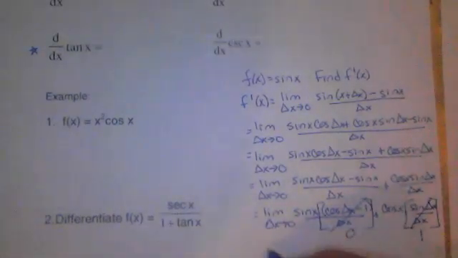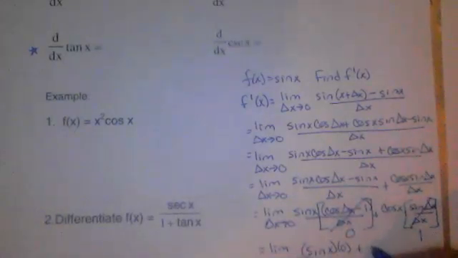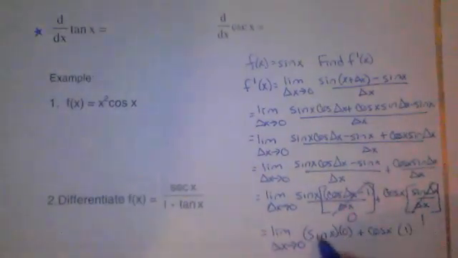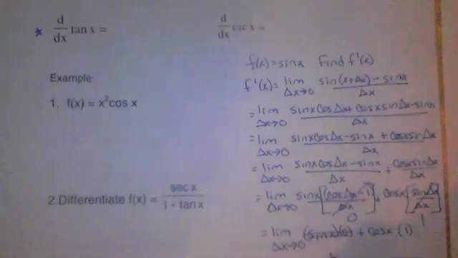So now I've got the limit as delta x approaches 0 of sine x times 0 plus cosine x times 1. And so this part is just 0, and I just get cosine x.